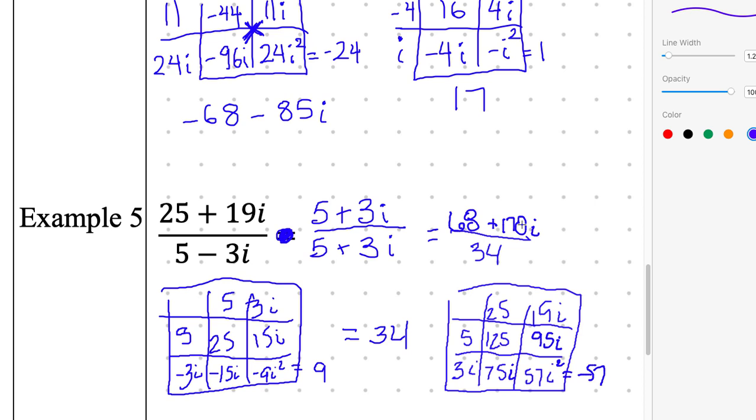Is that right? Yep. When you can reduce it, you can divide the top and bottom by 2. 170 divided by 2 is 85?